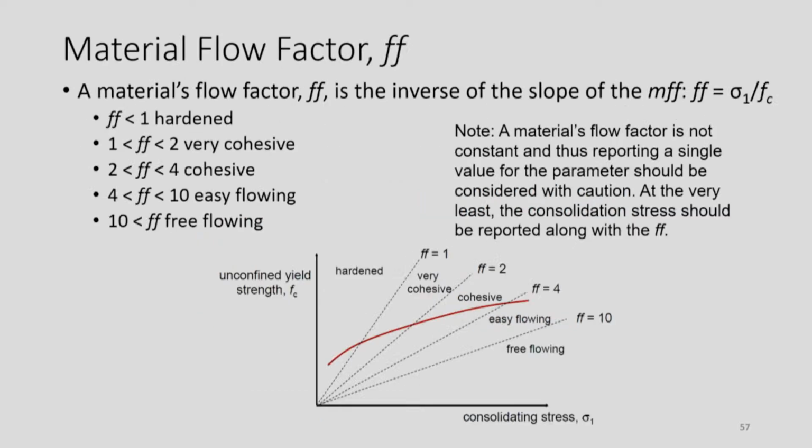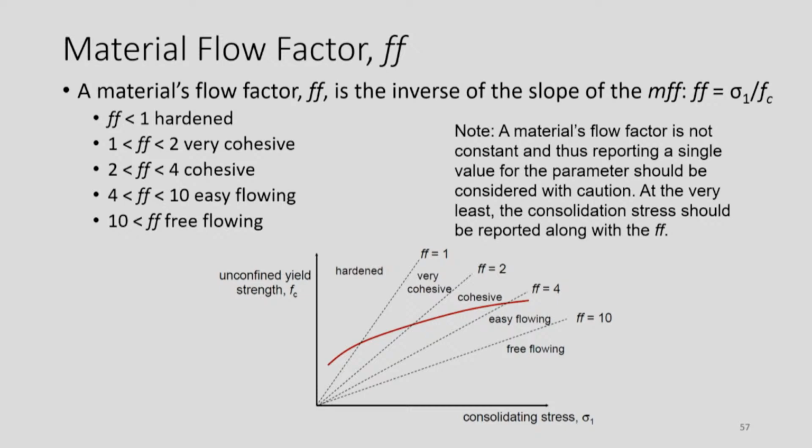Okay, so again, the flow factor is calculated from the material flow function. It's the inverse of the slope of the material flow function. MFF is material flow function. So the flow factor gives an inverse of the slope. It's a ratio of stress over unconfined yield strength.